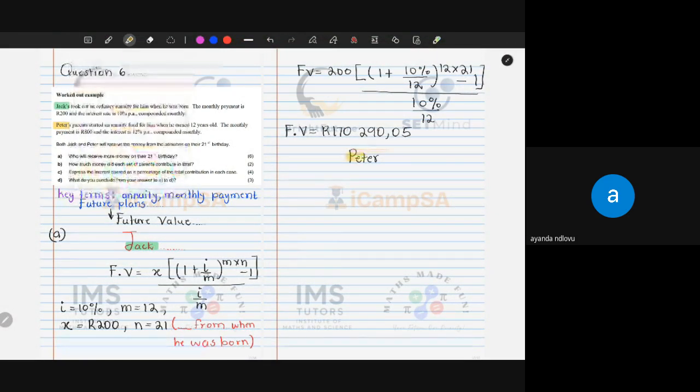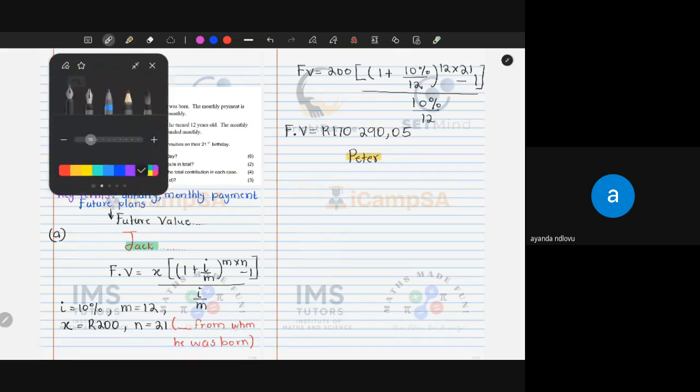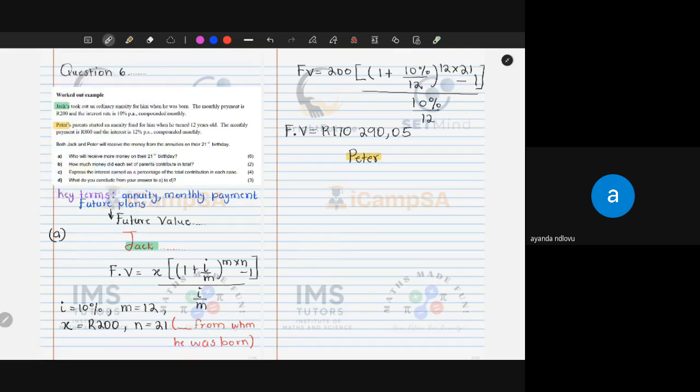So Peter's parents started a bit late, but do you guys see what they did? They put more money because they started late. So for Peter, we need to figure out what is the I, guys. 12%. And what is the compounding period for Peter? 12.